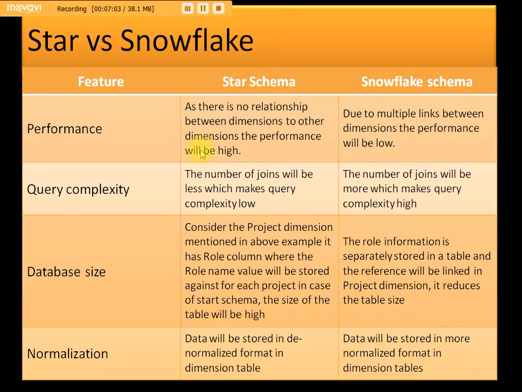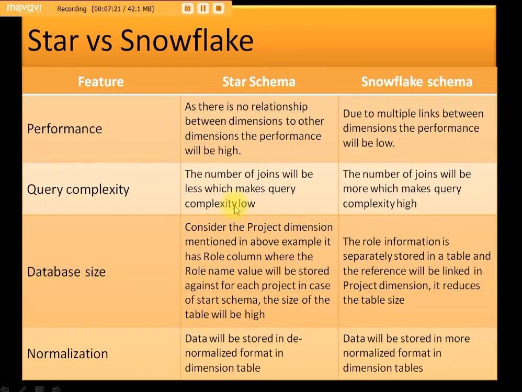As for performance, yes, star schema will be better than snowflake, since there is no relationship between dimension tables, so the data will be fetched faster.